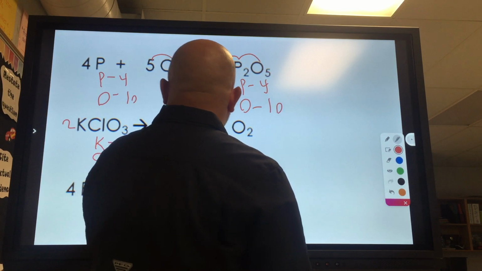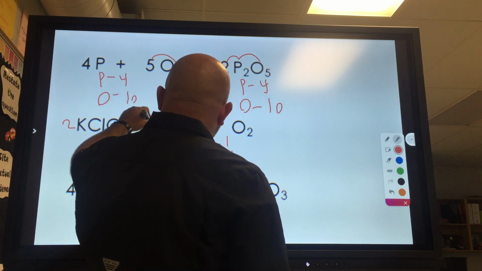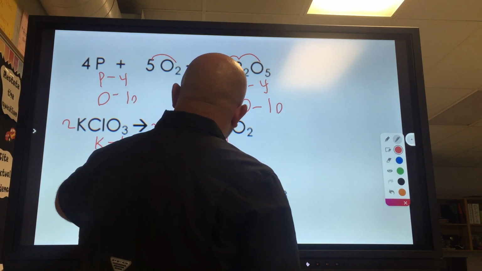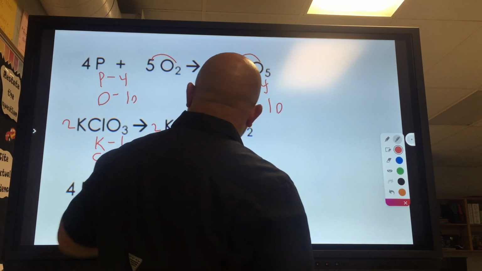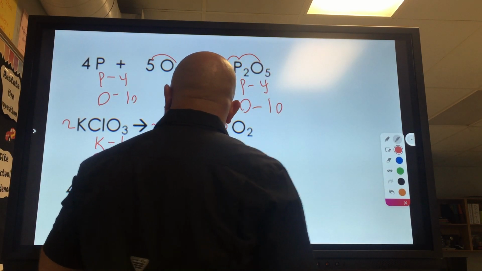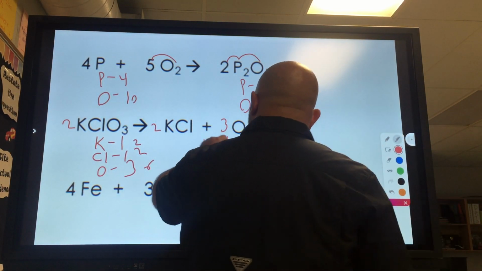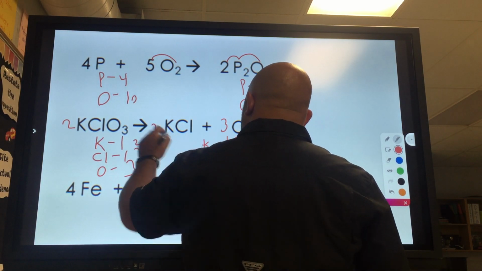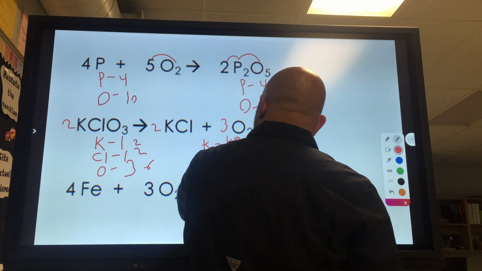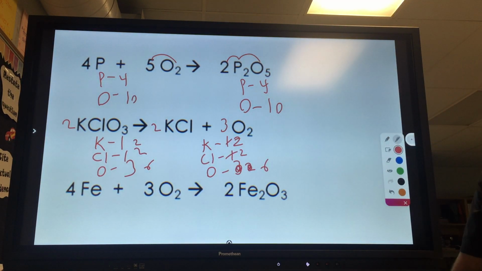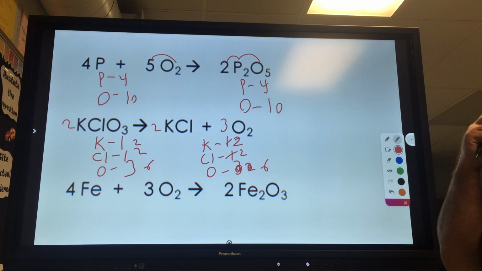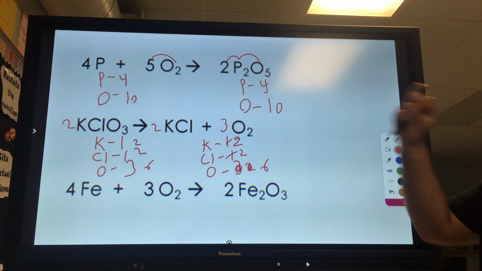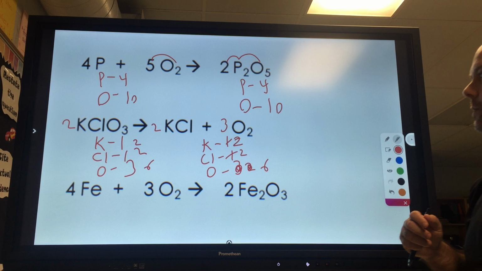All right, so now we'd have to find. Do you see how I did that? I just tried to figure out in my head how I could arrive at the same numbers on both sides.